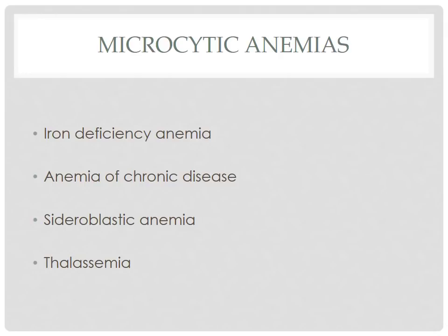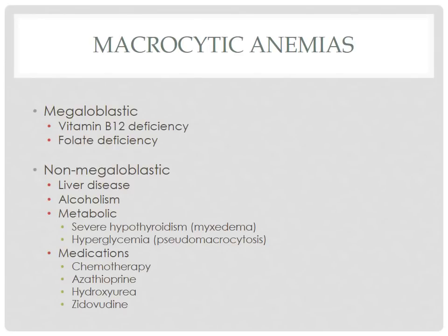For microcytic anemias, typically they will fall into one of the 4 types of anemia: iron deficiency anemia, anemia of chronic disease, sideroblastic anemia, or thalassemia. Macrocytic anemias are divided into 2 different types of anemia. You can have megaloblastic anemia or non-megaloblastic anemia.